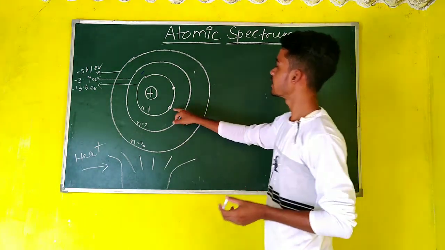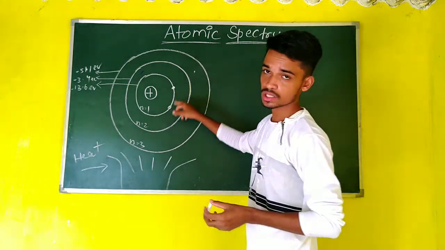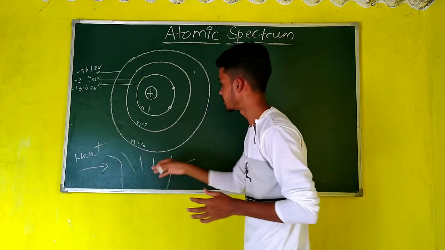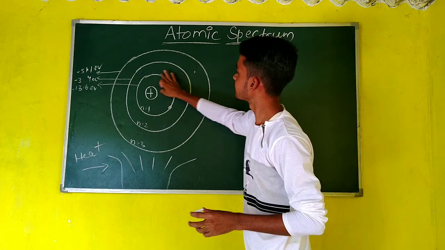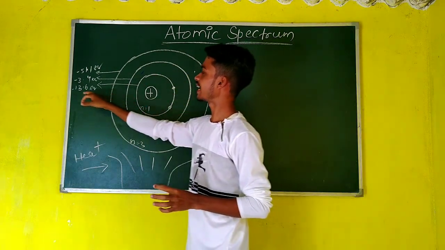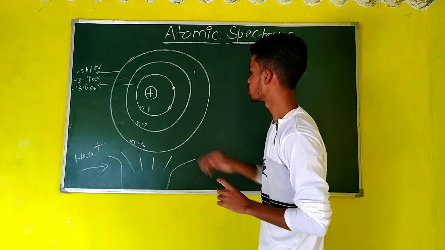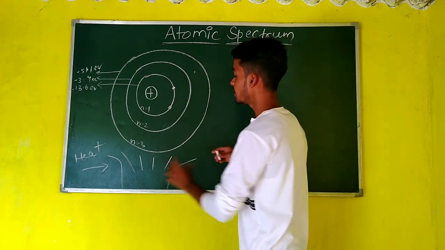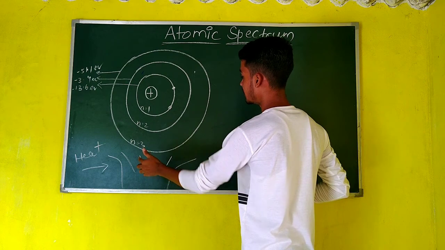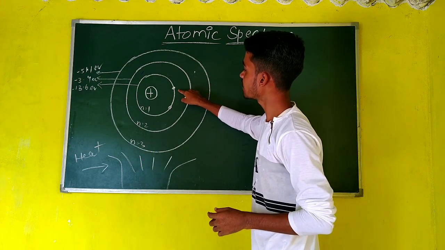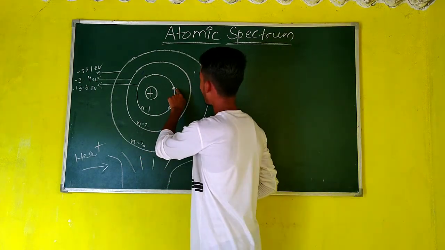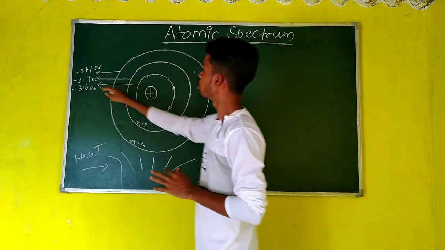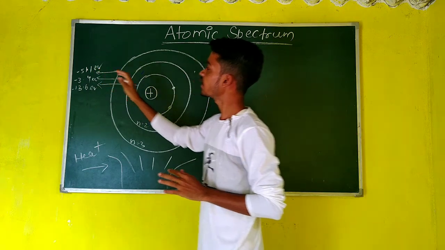Students, in the first shell suppose an electron is present. We give some amount of heat, and that shell's energy is minus 13.6 electron volt. When the electron absorbs energy, when we give heat, its energy increases to minus 1.51 electron volt.